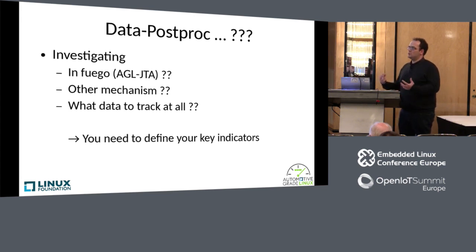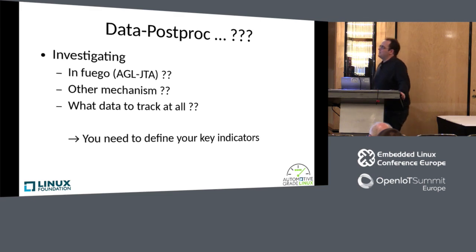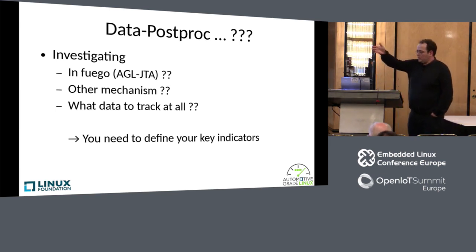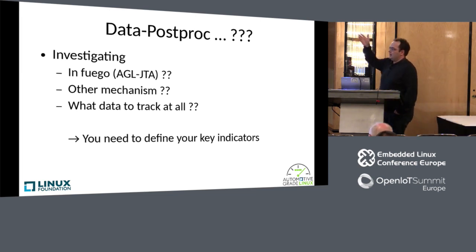So how do we find out of this data set the hotspots, or can we find trends? That's an interesting topic to work on. And also, what data do we want to track? One example, kernel CI, you guys do great work.